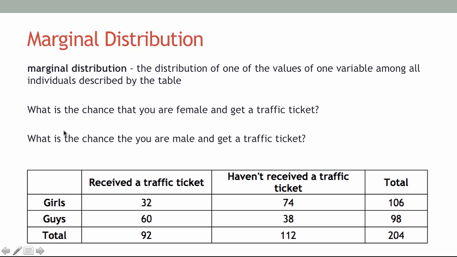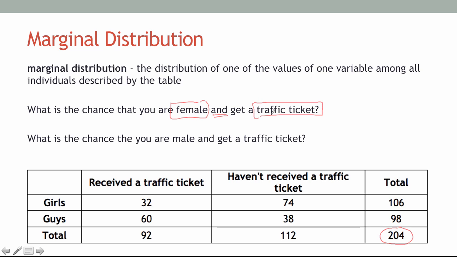Here are some questions that get into marginal distribution. What is the chance that you are female and you get a traffic ticket? Well, let's think about the numbers that we have. We know there are a total of 204 people. So that is saying, what is the chance out of those 204 people that you are female and get a traffic ticket?